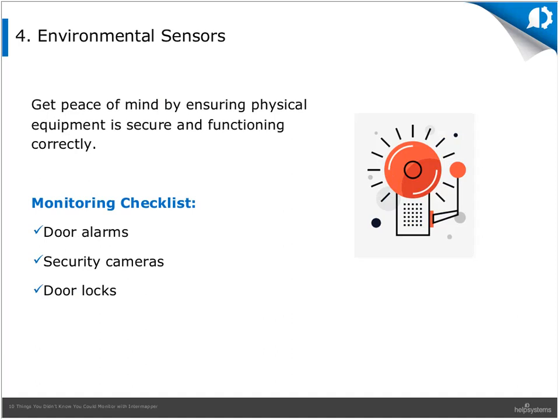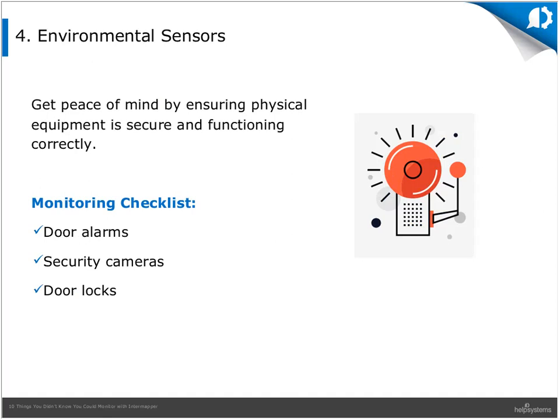Environmental sensors, another component within your data center. Door alarms, security cameras, door locks, these are all really important and key to overall operations, keeping a closer eye on the physical space in which not just your IT environment sits, but also your business as well, right?